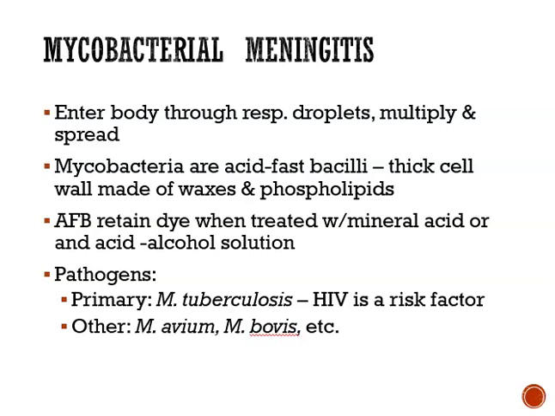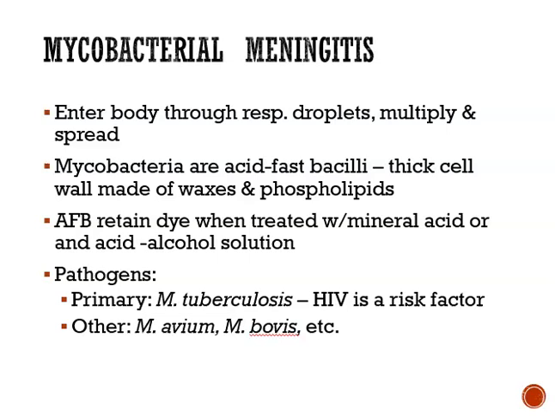I don't know if you remember from one of the previous lessons, we talked about the acid-fast stain. Mycobacteria are very slow growers, so where the culture can take up to 6 weeks, we can get that acid-fast stain out fairly quickly. Primary pathogens would be Mycobacterium tuberculosis, where HIV is a risk factor, and then a couple other species, Mycobacterium avium and bovis.